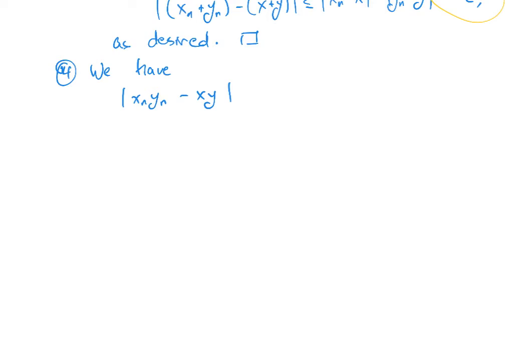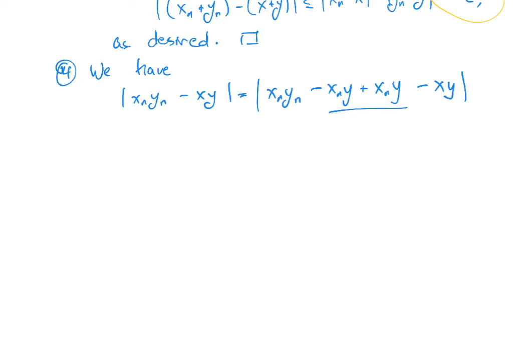Because I've already worked this out before, what I'm going to do is add and subtract this middle term, and then things actually get better.